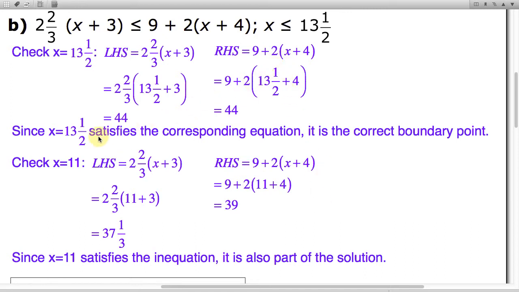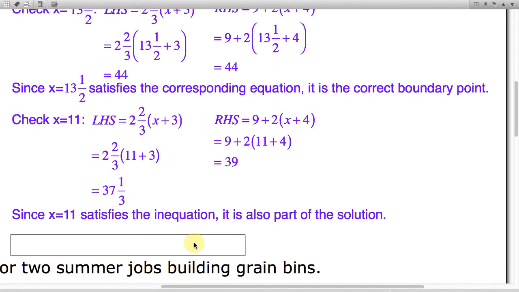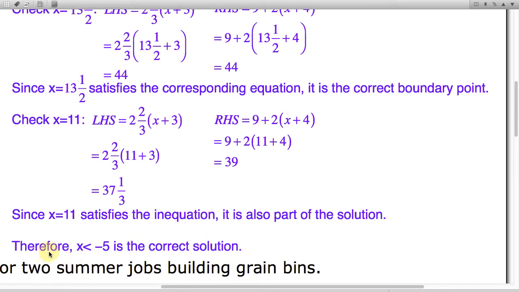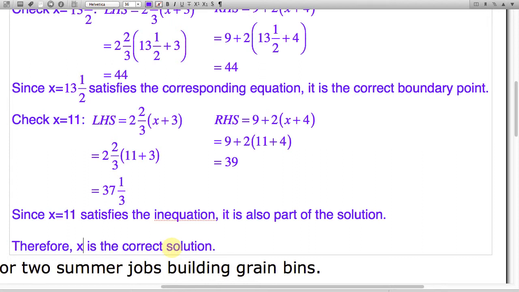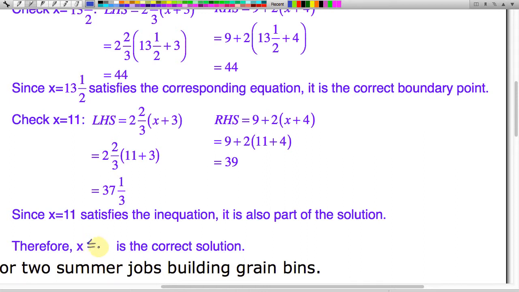Which means since we have the correct border point in 13.5, and we've shaded the right way to the left for values less than 13.5, that means that, oops, sorry, this should say here x less than or equal to, I'll just write this in here, x is less than or equal to 13.5 is the correct solution.